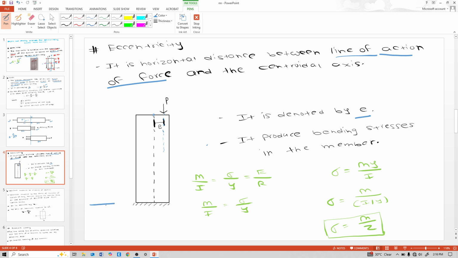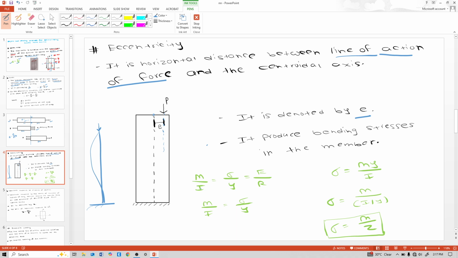See, if my member is this, and some eccentric load is acting on the beam, then it will buckle like this. So due to that it produces buckling. And see this bending formula.